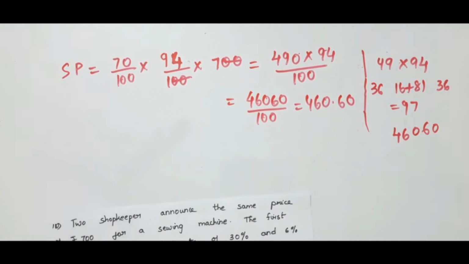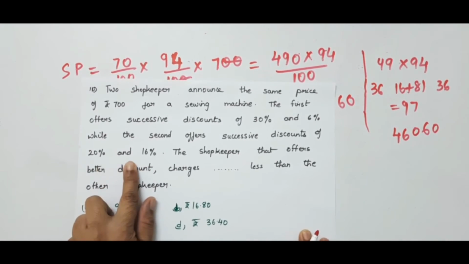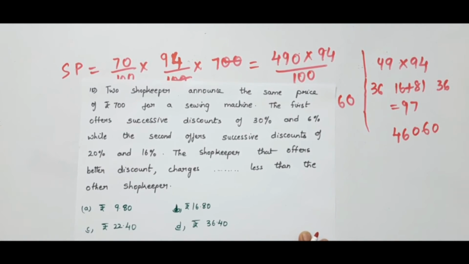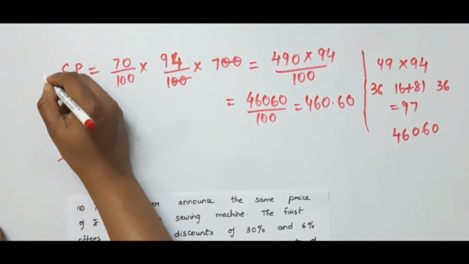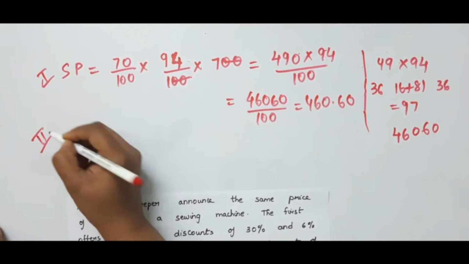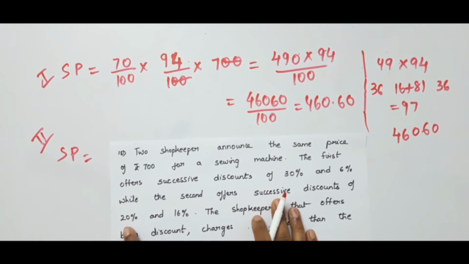Now you have to find the net selling price for the second shopkeeper, is it not? One is 20 and the other is 60. So this is for the first shopkeeper and this is for the second shopkeeper. Selling price is equal to, what is the discount he has given? 20%.